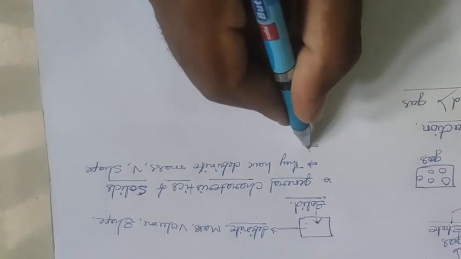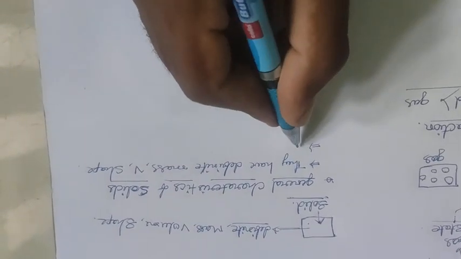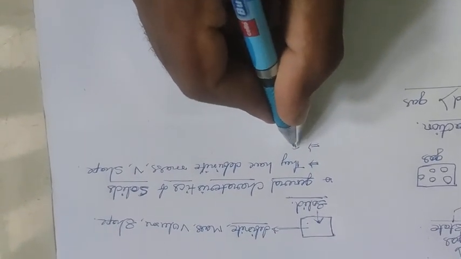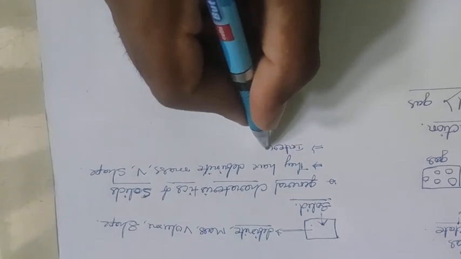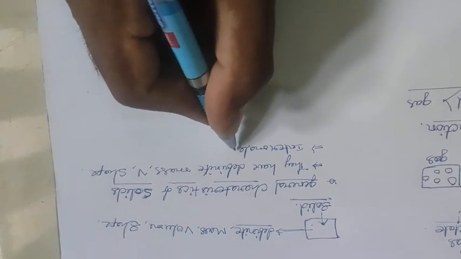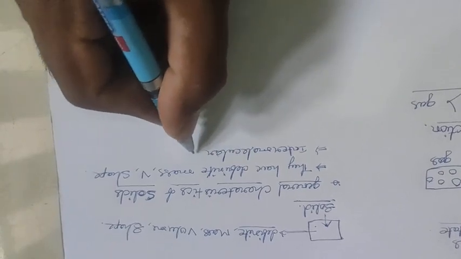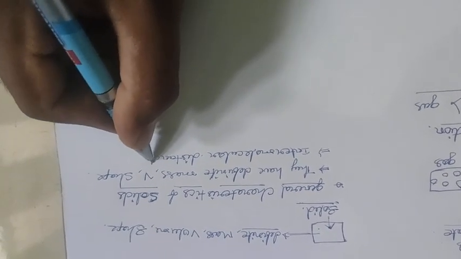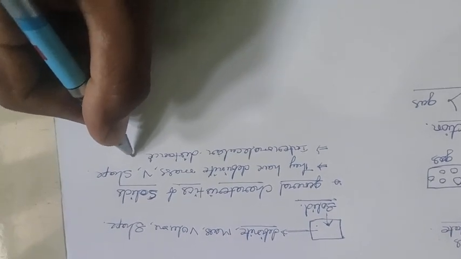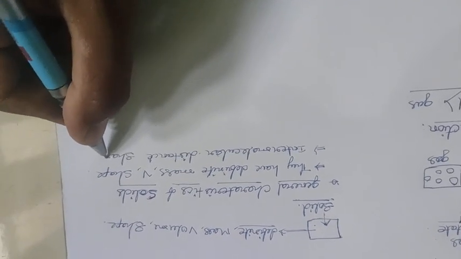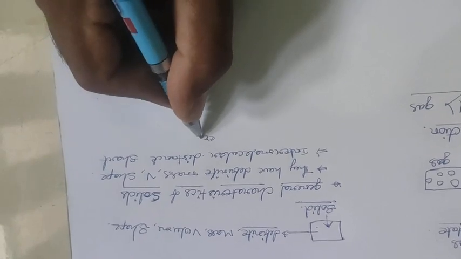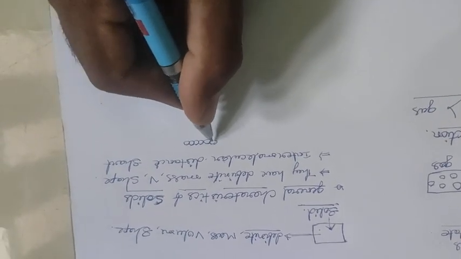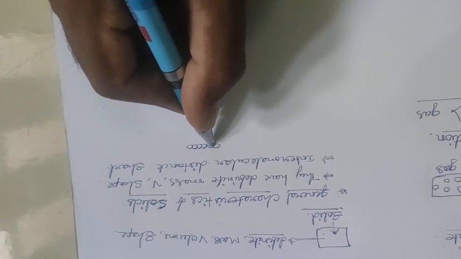And next, there will be intermolecular distance. Short. You see here, just now I explained that atoms are very tightly bound. If the atoms are very bound, will there be any intermolecular distance?